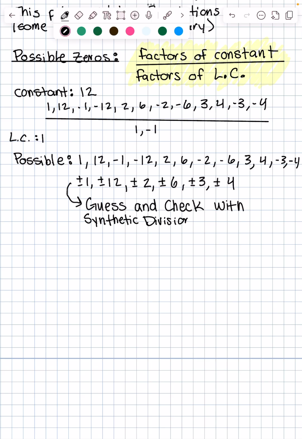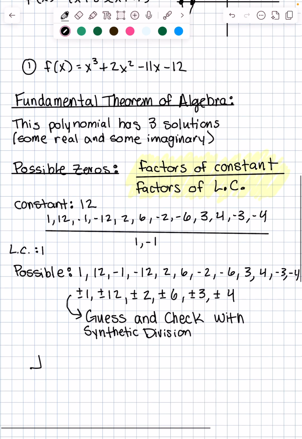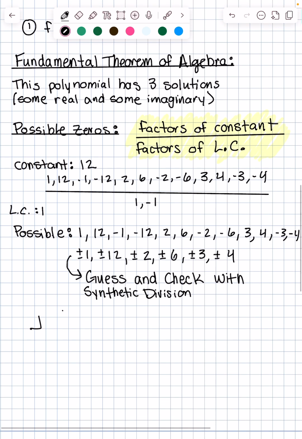Okay, so normally if we were in class, I would have us guess and check a lot of these numbers, but since I'm just giving you the notes today, this is actually going to be a lot quicker. So let's set up synthetic division.